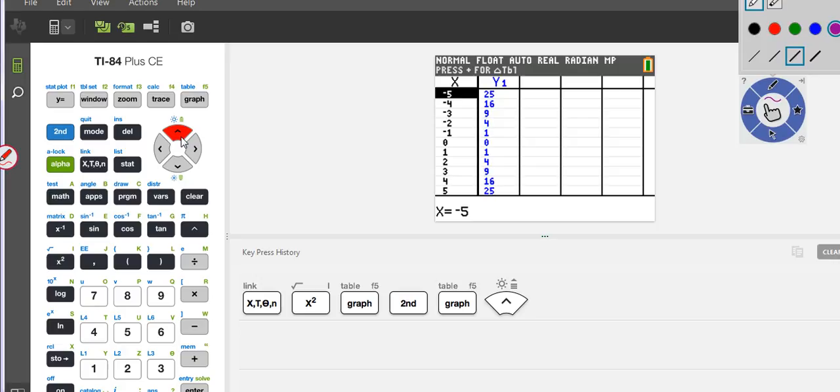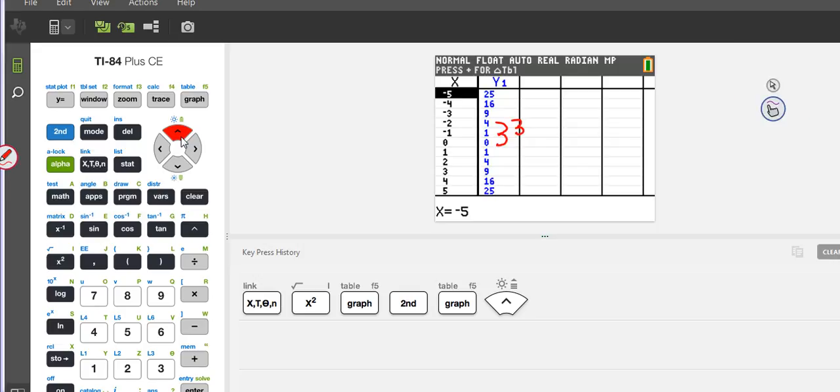For the differences, we're going to talk about the change from 4 to 1 is 3. The change from 1 to 0 is 1. So we have, just writing down the differences here: 4 to 9 is 5, and 9 to 16 is 7, 16 to 25 is 9.